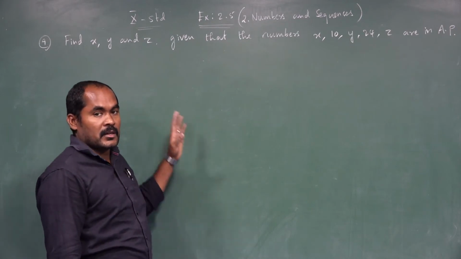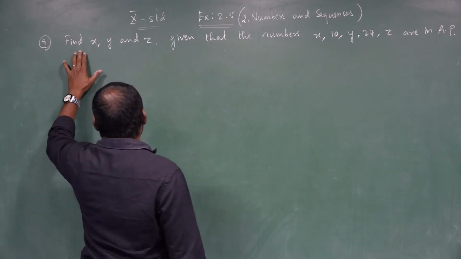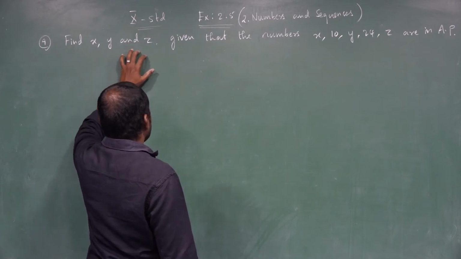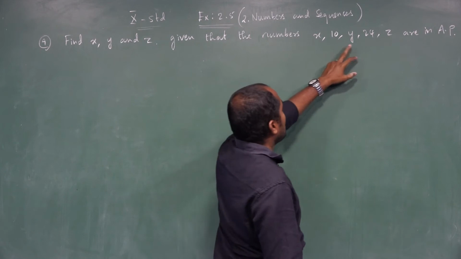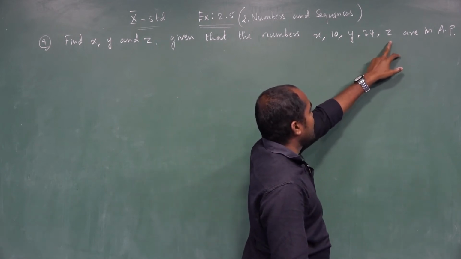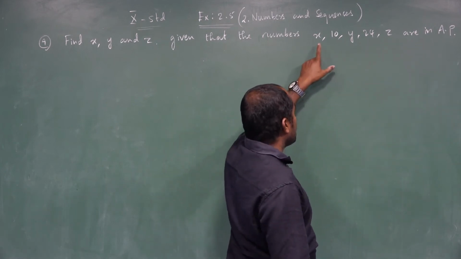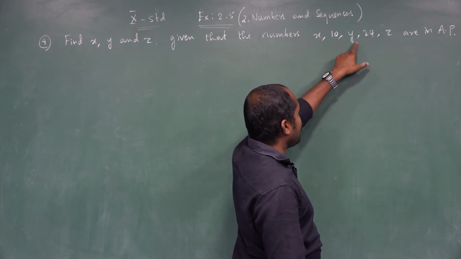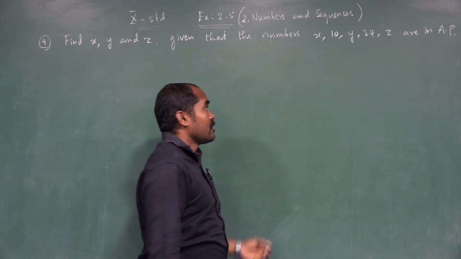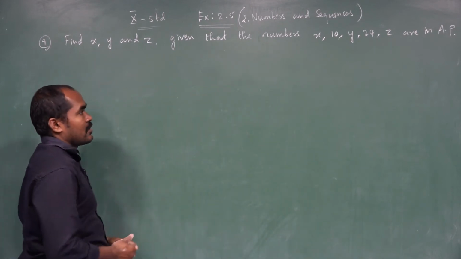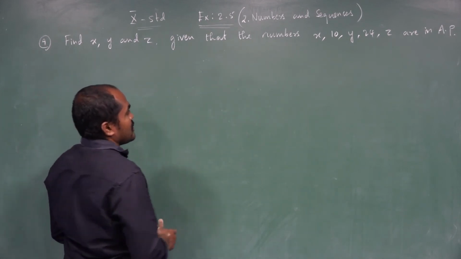Next, ninth question. Find x, y and z given that the numbers x, 10, y, 24, z are in AP. Find the unknown numbers x, y and z.